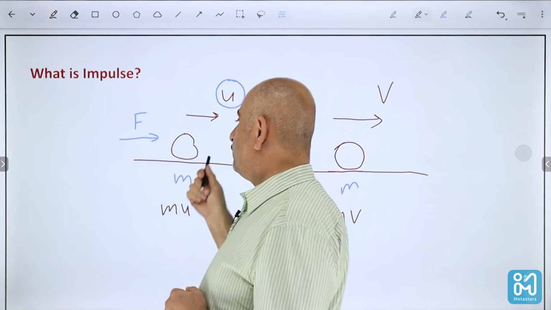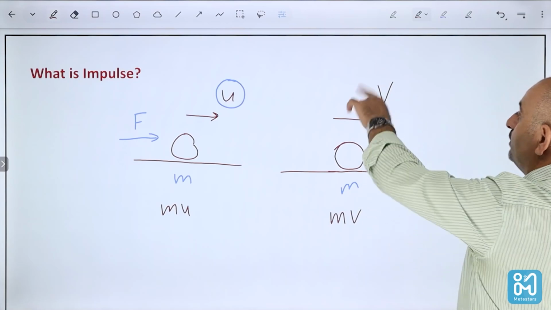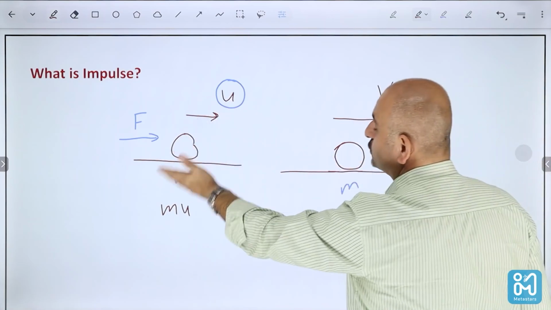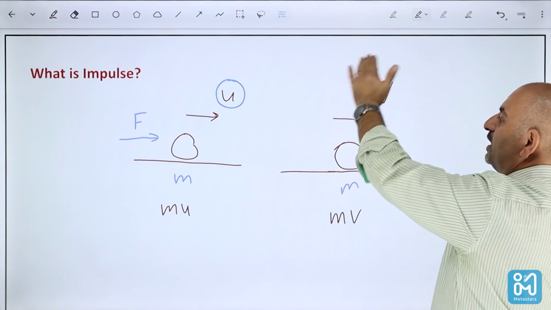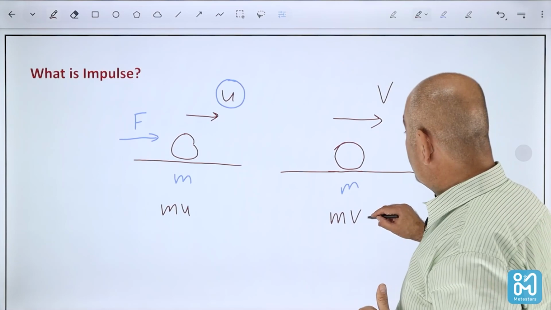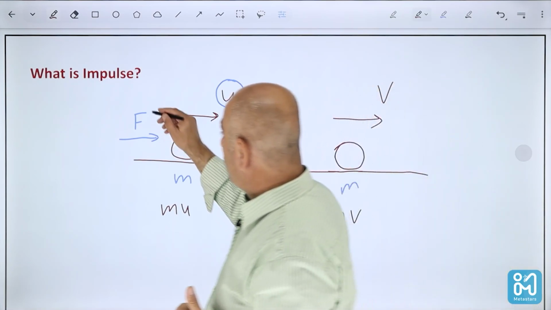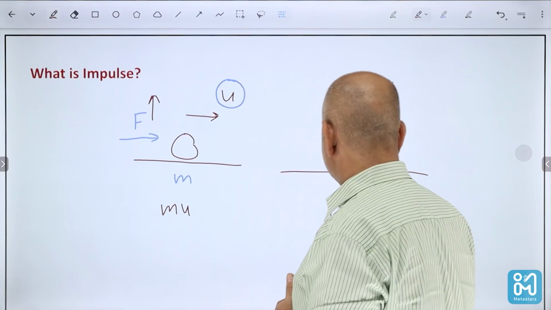If you apply a greater force, a larger force, then what are you going to obtain? Because force causes acceleration, you're going to get more velocity after exerting the force, which means you're going to get more momentum. So the greater the force you exert, the more change of momentum you will have.